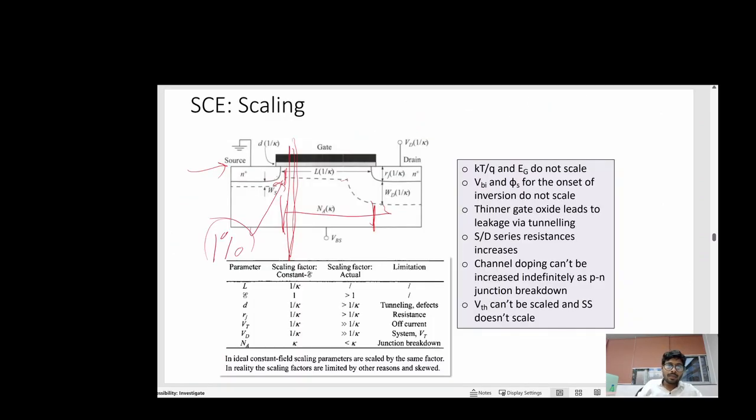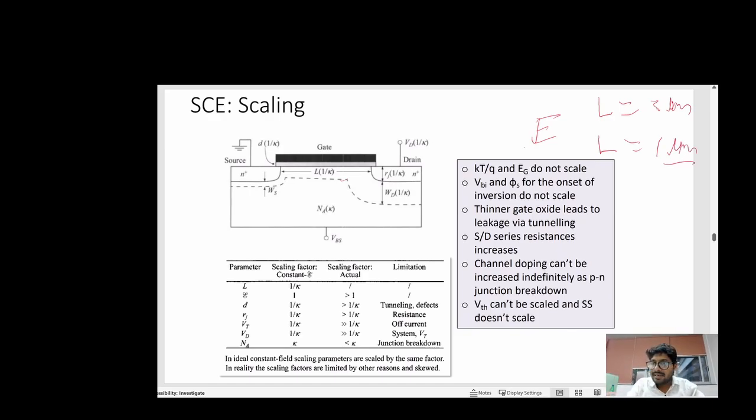Okay, so whenever you are scaling the channel length, it is done according to constant electric field scaling. Your electric field in the device should be constant. Let us say L was 3 micrometer, and now your L is 1 micrometer.